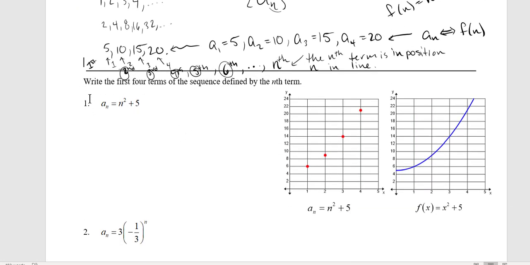For example, here, this first problem, if we want to write the first 4 sequence terms, all we're going to say is plug in the first term. That would be n equals 1, right, because it's position 1 in line. That's just a1. Since n is 1, I'm plugging in 1 squared.